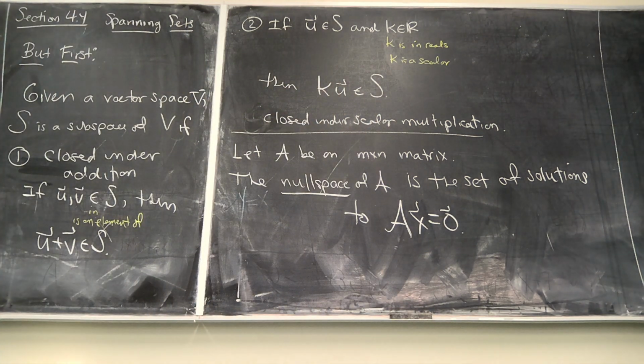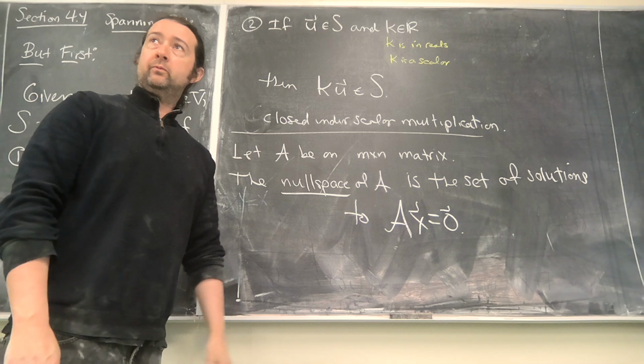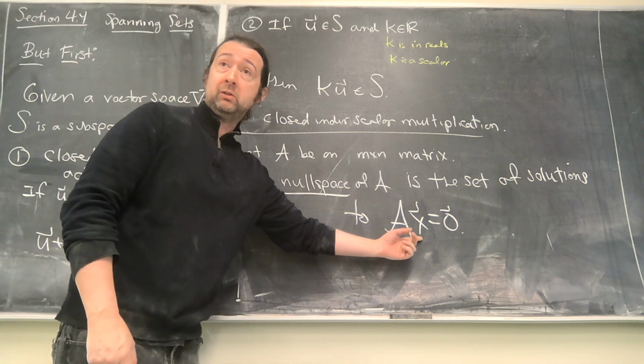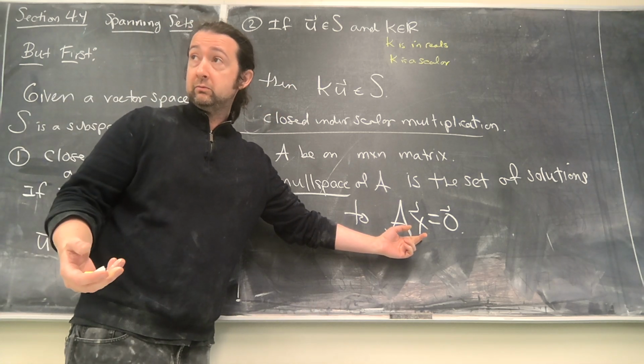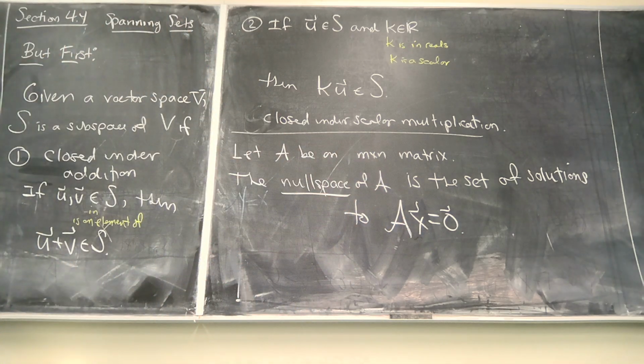So the null space of a matrix is the set of vectors that when you multiply by A, they get turned into nothing. That equation always has a solution because the 0 vector always solves it. A times 0 is equal to 0. But there might be other vectors that happen for as well.